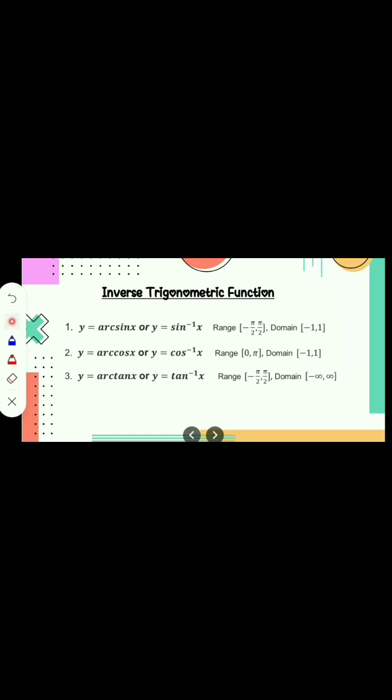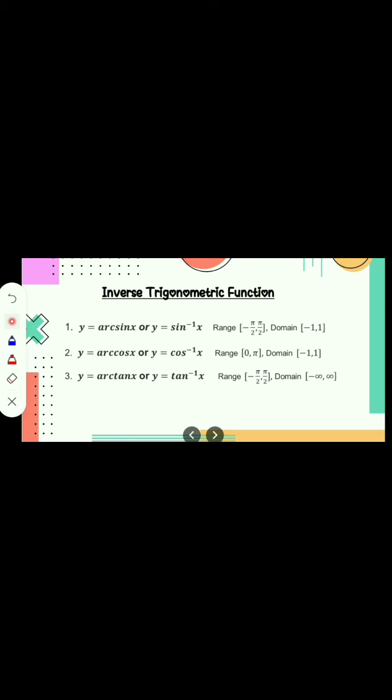Okay, the most important thing to know is the range of these functions. So the range of this function is the closed interval negative pi over 2 to pi over 2, and the domain is the closed interval negative 1 to 1. Another really important inverse trigonometric function is the arc cosine.